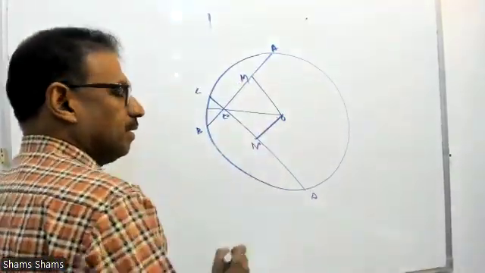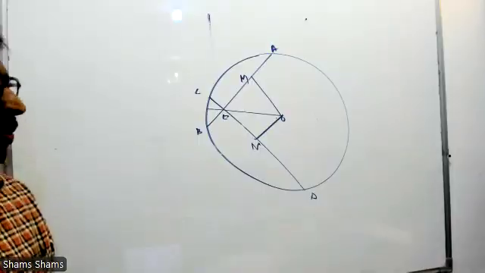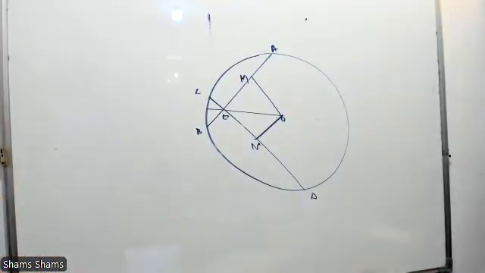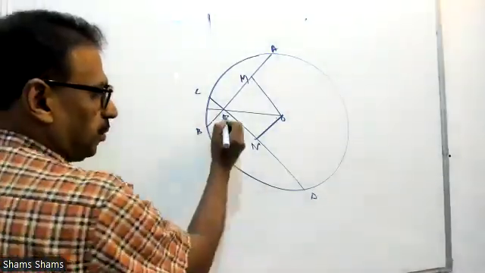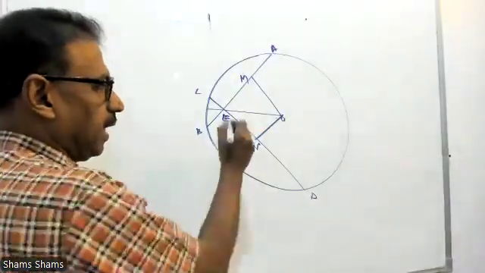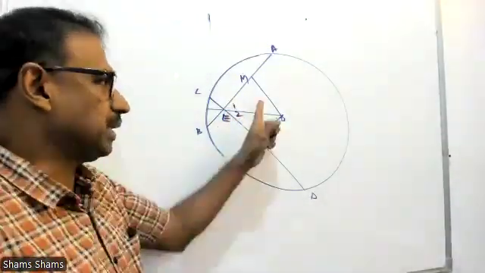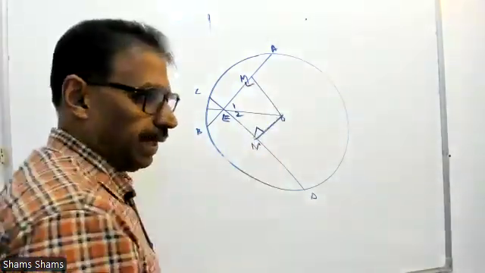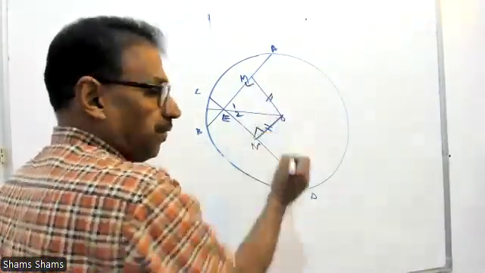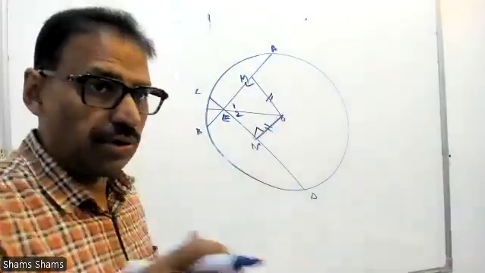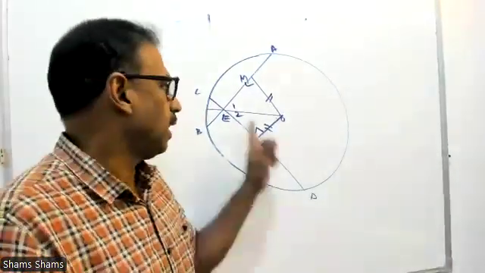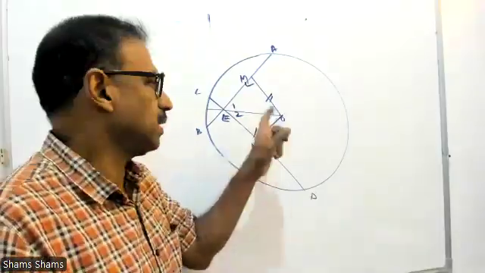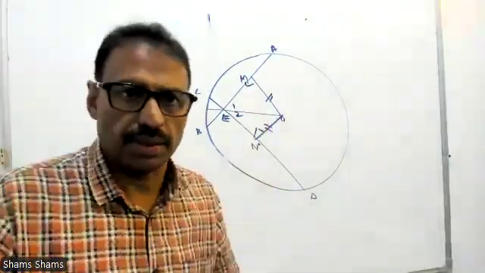Given AB equals CD, intersecting at E. To prove angle 1 equals angle 2, show these triangles are congruent. M and N are 90 degrees, OM equals ON because equal chords are equidistant from the center, and OE is common. Therefore angle 1 equals angle 2.